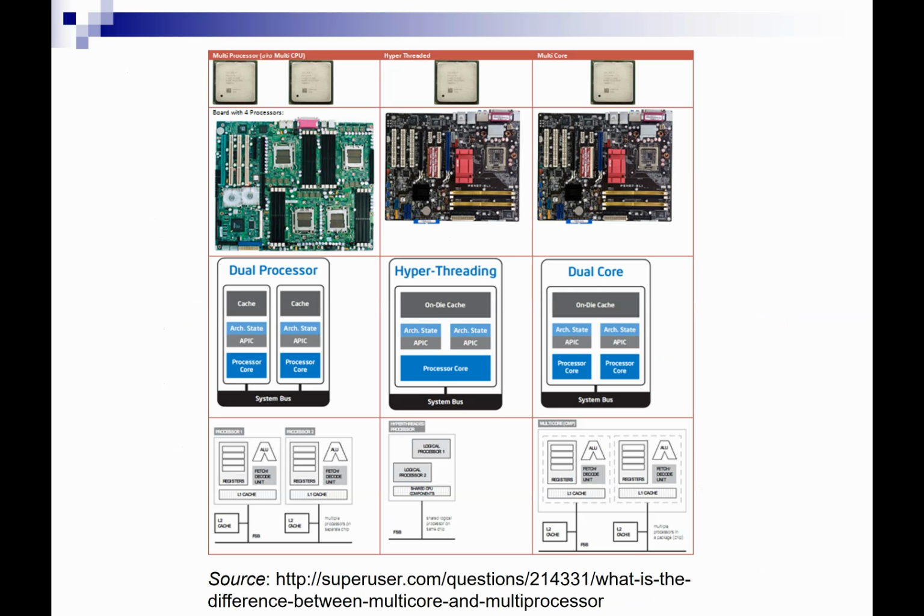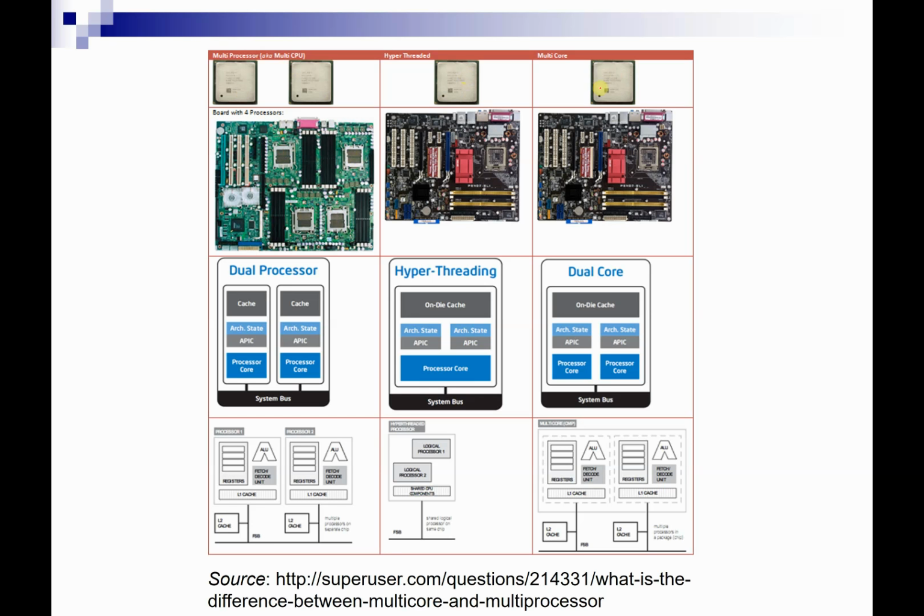All right. So this is a picture which shows all of the different architectures that we talked about. For example, up top, we have a board which allows you to have 4 processors. Each of these squares has a processor. On the next diagram, we have a hyper-threaded processor. It's got a single core, but this core can run several threads at the same time.